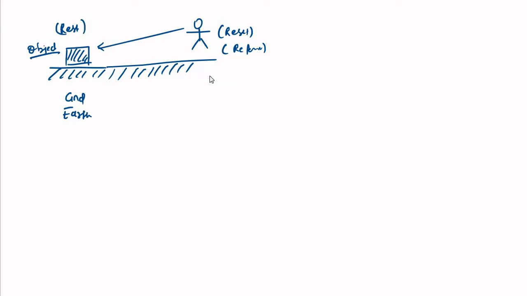But in reality, the concept of absolute rest is impossible to achieve, because Earth is continuously in motion around the sun, it is revolving around the sun, rotating about its own axis. So the Earth is always in motion. The Earth as the frame of reference, which we have already chosen for our measurements in mechanics, is always in motion.